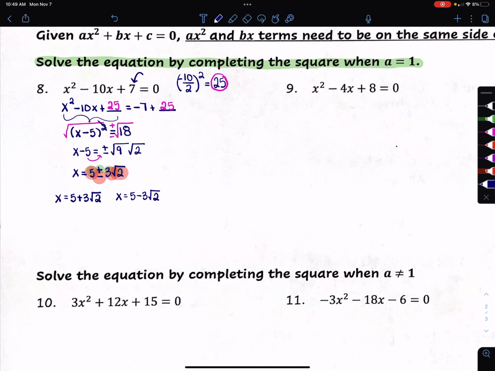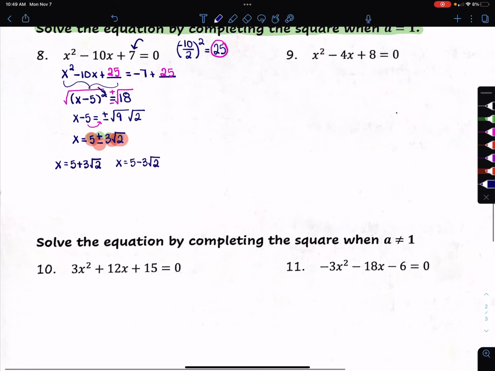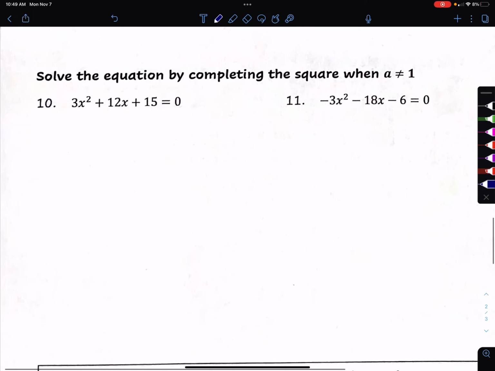Okay, so let's go on to problem number 10. So problem number 10, for this one here, we are now going to solve it, but this is when a is not 1. So if you look at the front side of your paper for step 1, we have if the leading coefficient is other than 1, we need to divide every term by that a value.